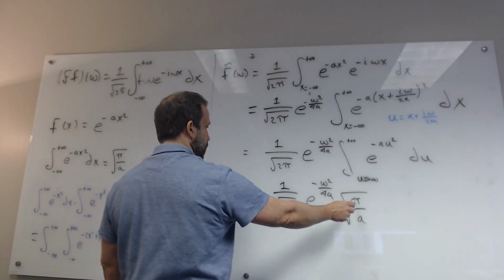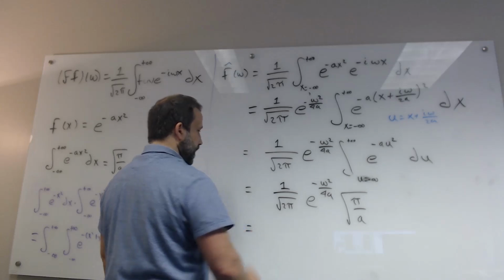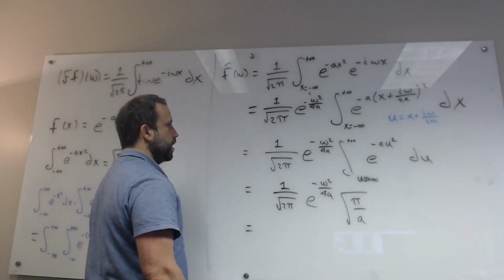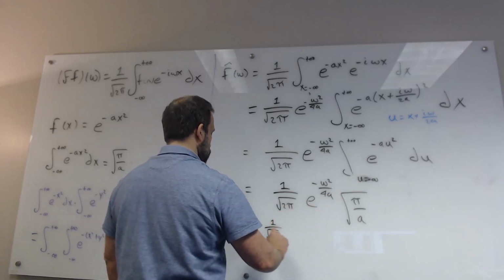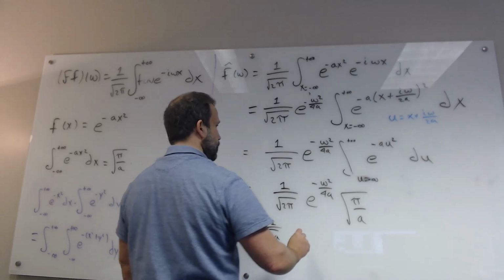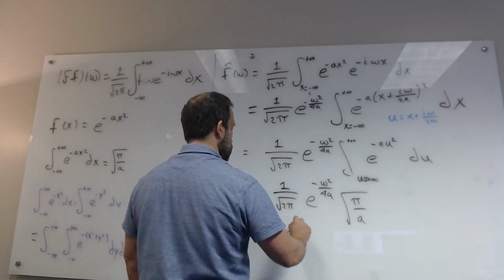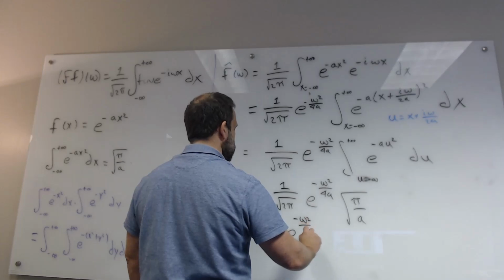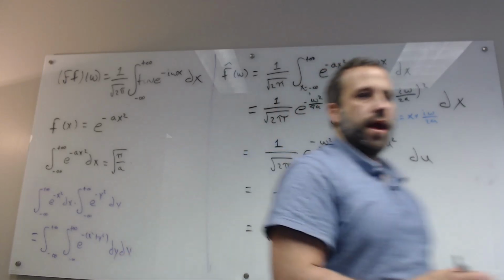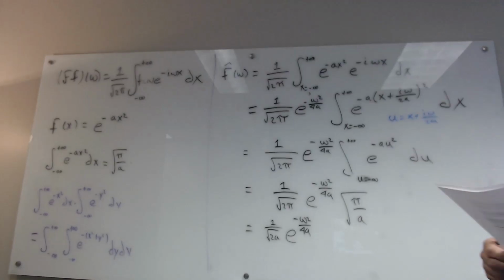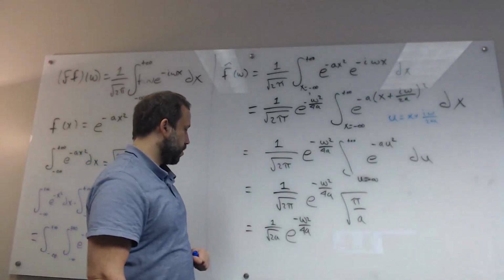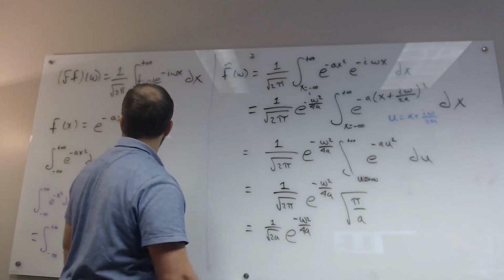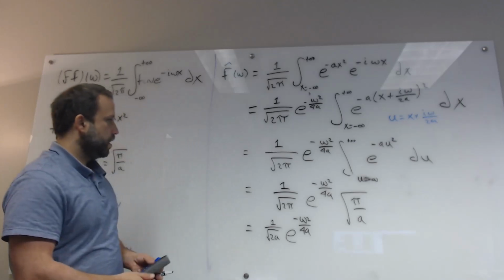I've got a square root of pi over square root of pi, and so what we're going to end up with is 1 over the square root of 2a times e to the minus omega squared over 4a. Okay, just want to make sure, yes. So the Fourier transform of e to the minus ax squared is equal to 1 over the square root of 2a times e to the minus omega squared over 4a.